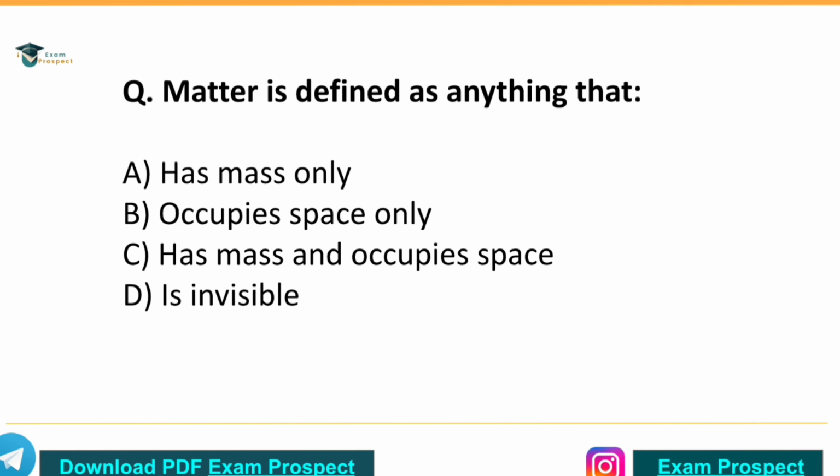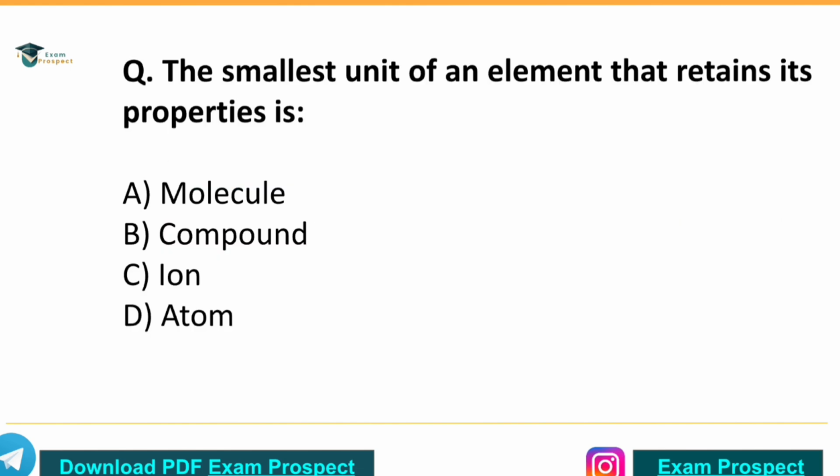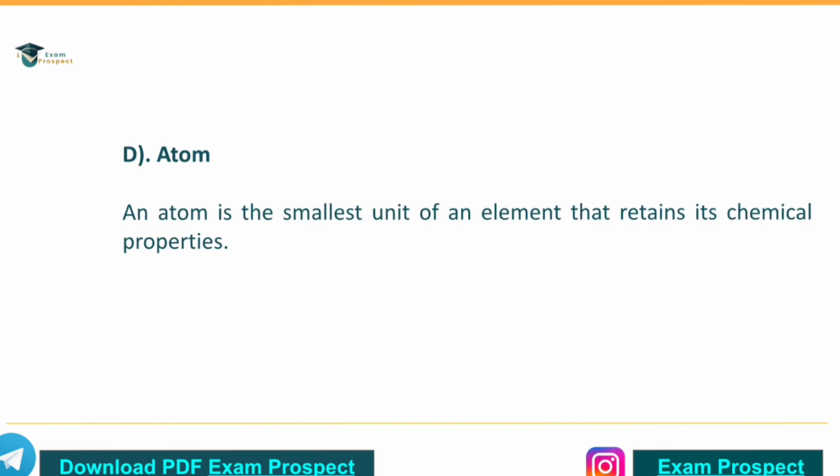Next question, matter is defined as anything that? Correct answer is option C, anything that has mass and occupies space. Next question, the smallest unit of an element that retains its properties is? Correct answer is option D, atom.